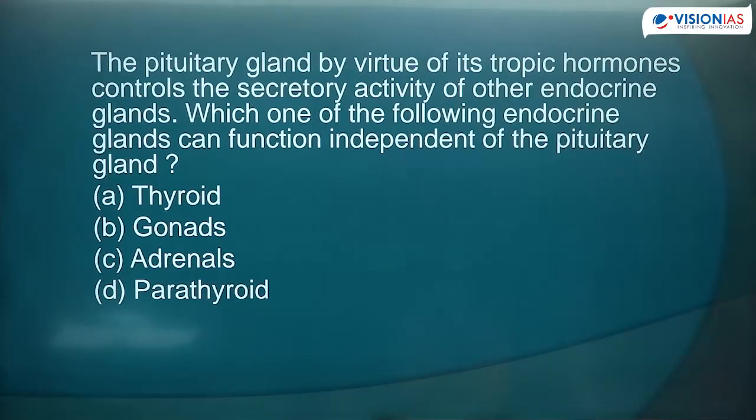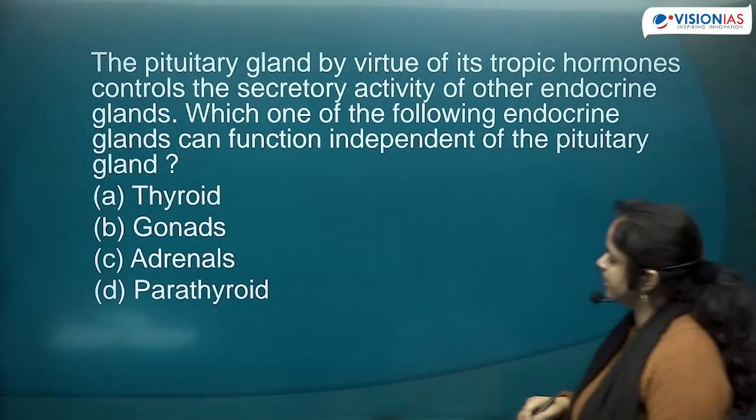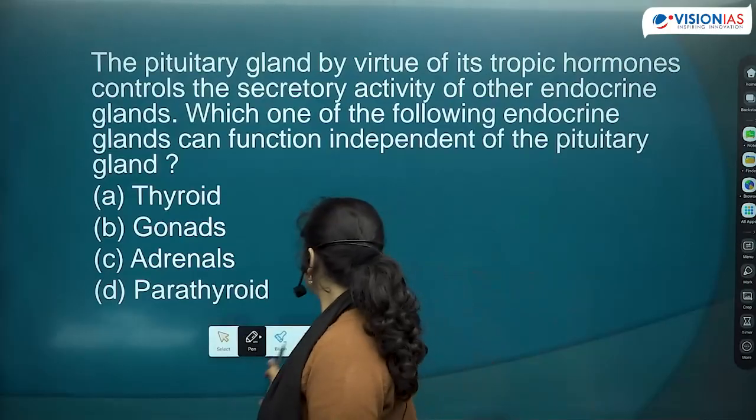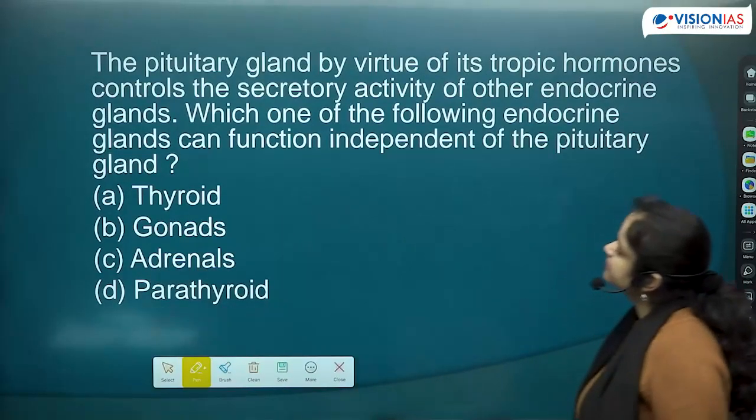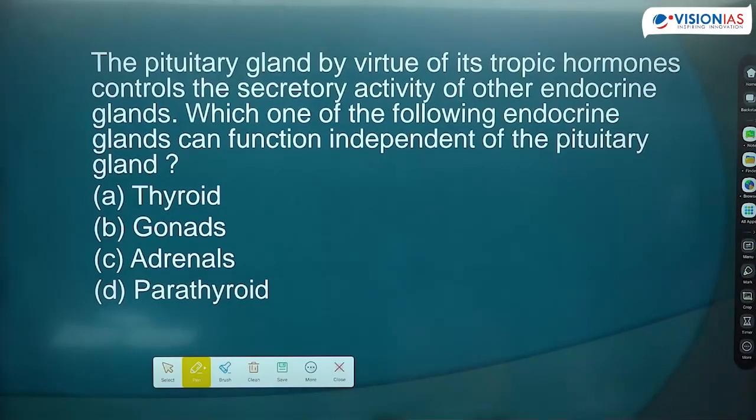You can just look back and see what these hormones are about. The pituitary gland, by virtue of its trophic hormones, controls the secretory activity of other endocrine glands. Which one of the following endocrine glands can function independent of the pituitary gland?